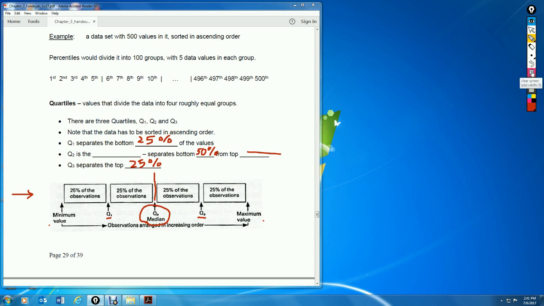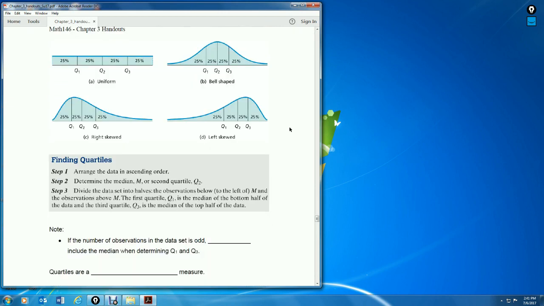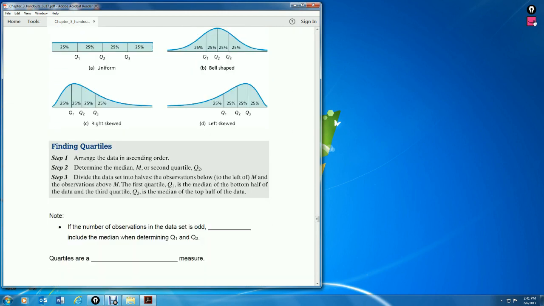All right, going to erase and go on. Okay, so this is just a nice figure, I think. I'm not sure if it's from our book or a previous book. Basically showing the quartiles for the 4 common distribution types. Uniform, where all the data is equally distributed.